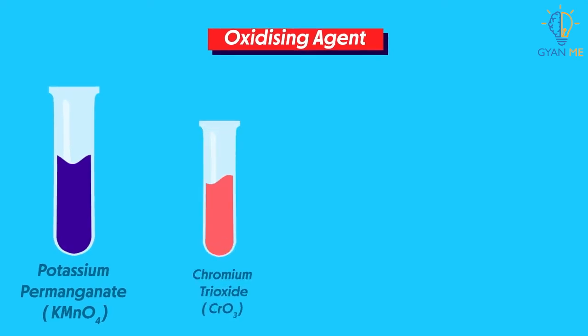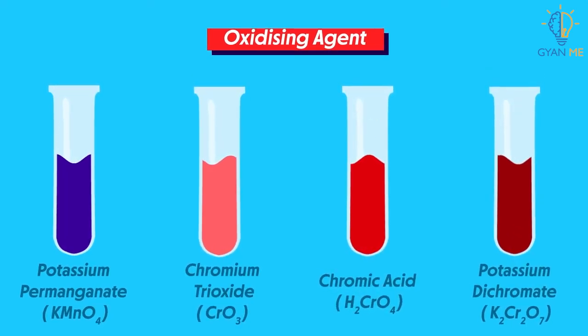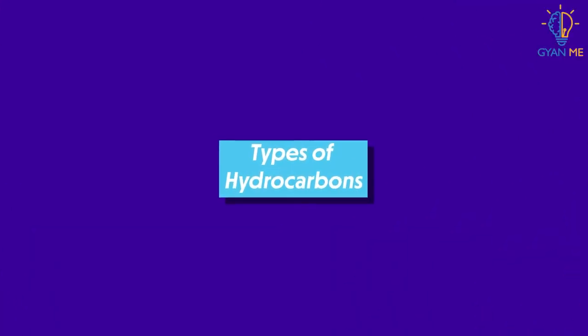There are many oxidizing agents like potassium permanganate, we just saw, chromium trioxide CrO3, chromic acid H2CrO4, potassium dichromate K2Cr2O7, etc. The other determining factor is the type of hydrocarbon chain that takes part in the reaction.